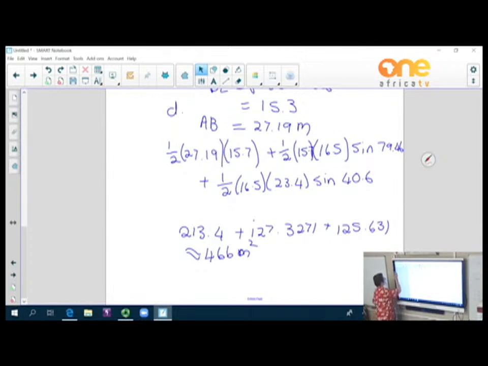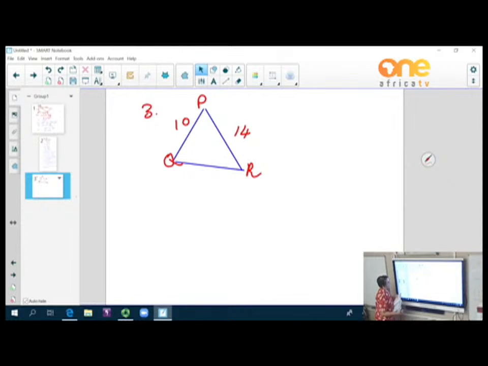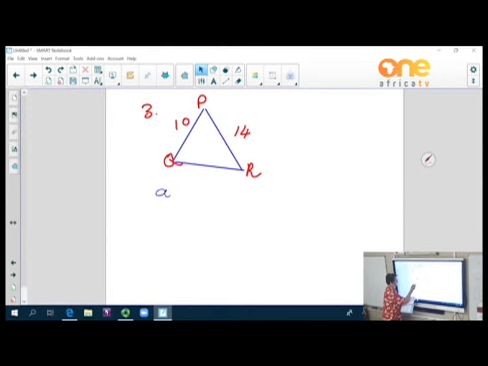And let's look at the last one, number 3. There's my triangle. In the triangle, QPR is acute. We've got those sides. And the key sentence again is here: the area of the triangle is 48. Is this a right angle triangle?